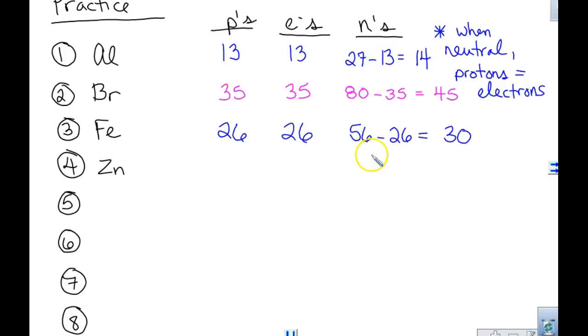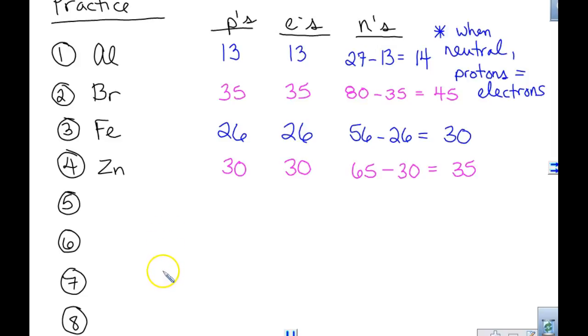Alright, and zinc. Protons, how many? 30. So 30 electrons. So what would we round the mass to for zinc? Yeah, it'd be 65 because it's 65.39, so it wouldn't round up. So 65 minus 30 gives us 35. Okay? Alright, now I'm going to give you some, let's see.